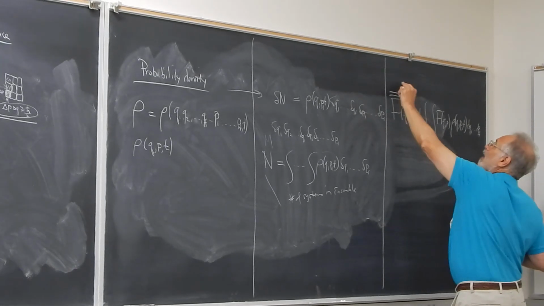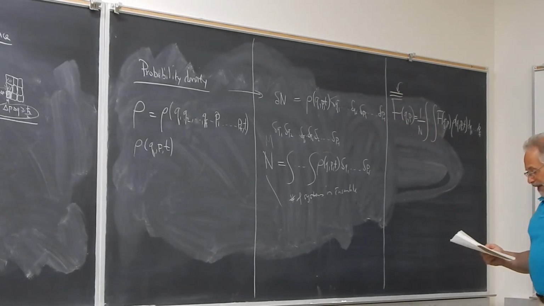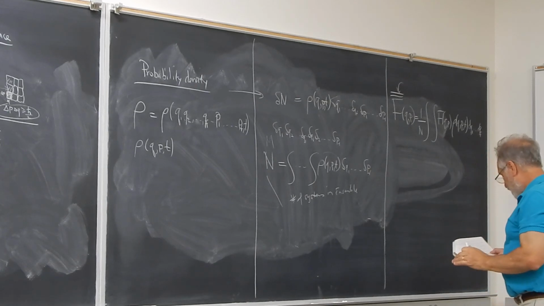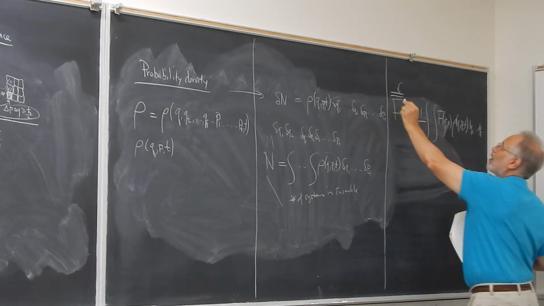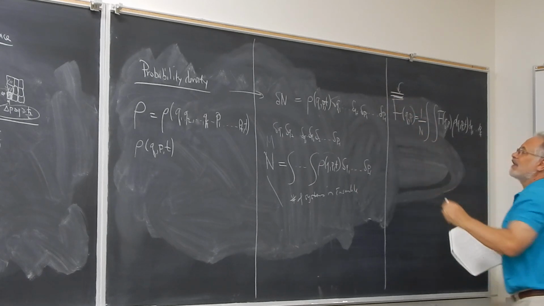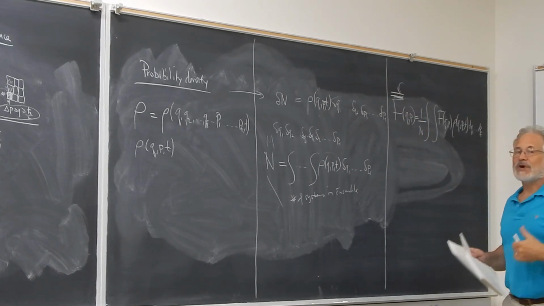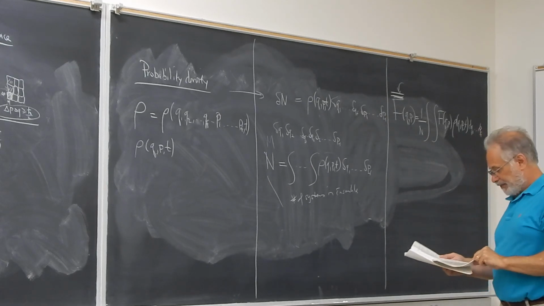The double bar, notice, means a mean value over all the systems in the ensemble. If I had just one bar, it would mean the average value for a single system. But the double bar means the average over all systems in the ensemble.